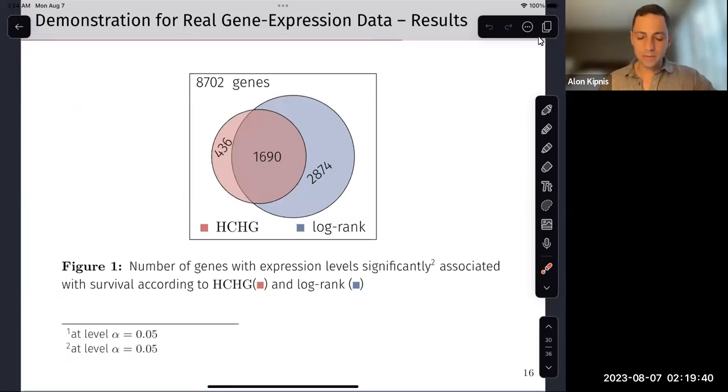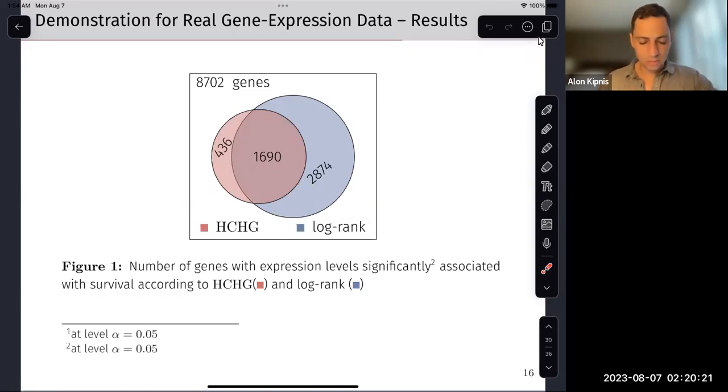Then we can record how many discoveries each one reported: how many genes with expression level significantly associated with survival, according to either HCHG or log rank. Log rank did discover perhaps many more genes. There's also quite a big area of overlap, but most interestingly, here on the side, there are about 430 genes that were discovered by HCHG, but are completely missed by the log rank.